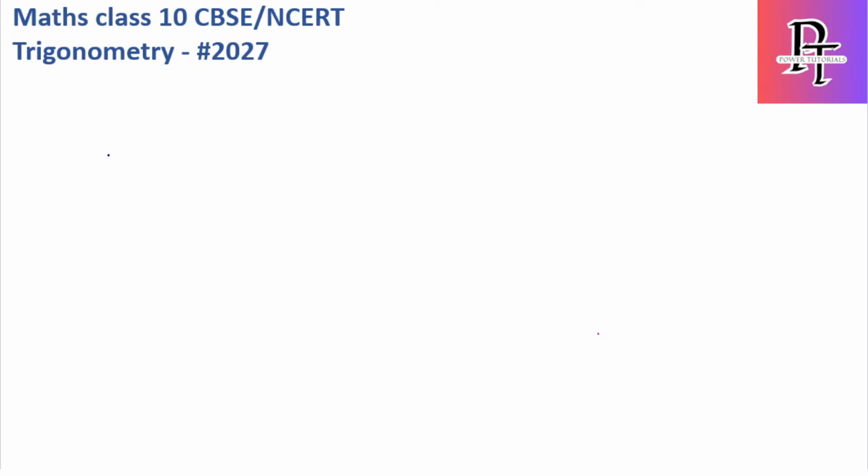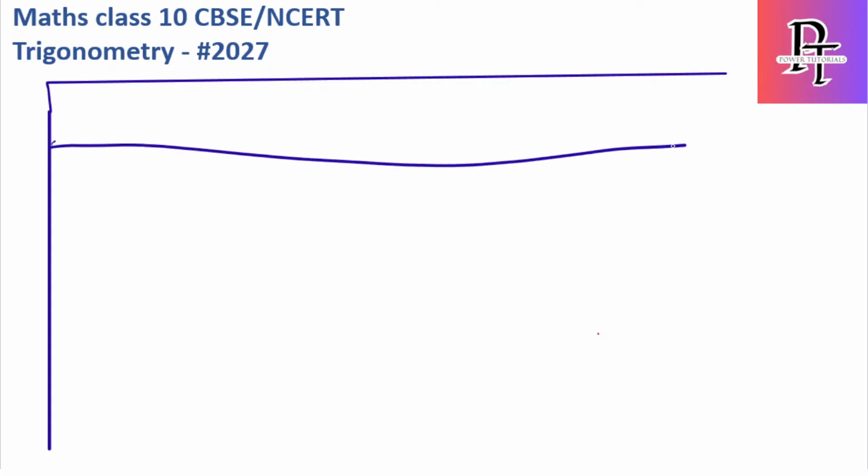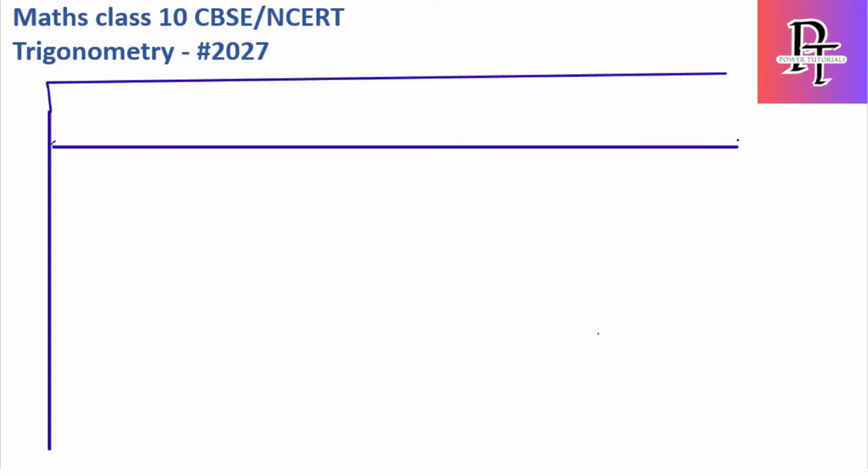So as a last topic, now I will give you the table which I'm talking about. It's a big table that has 6 ratios in it. So here I'll say theta, and this is degree.